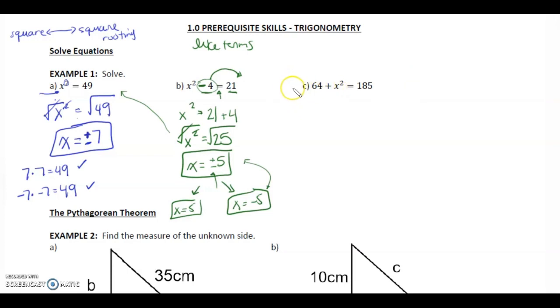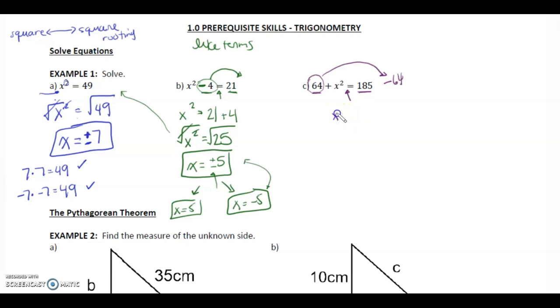Okay, and C, 64 plus x squared equals 185. So I look at this and 64 and 185 are like terms. The issue is they're on opposite sides of the equal sign. So I'm going to take this positive 64, bring it over, and it becomes a negative 64.